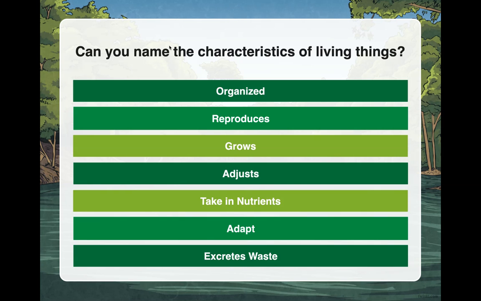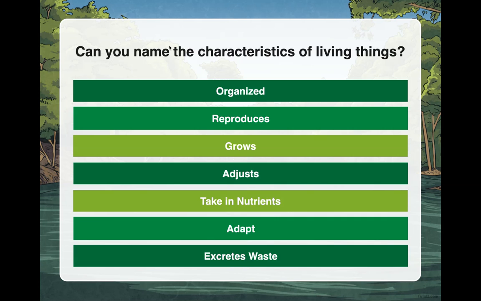First, we need to know that they're organized and have a cell, right? It could be one or more cells. It reproduces, so living things make more living things. And it grows. Just like a human, it goes through different phases and we grow from small to big. And it adjusts to an environment. Think how our bodies adjust to the environment when it's hot, when it's cold.